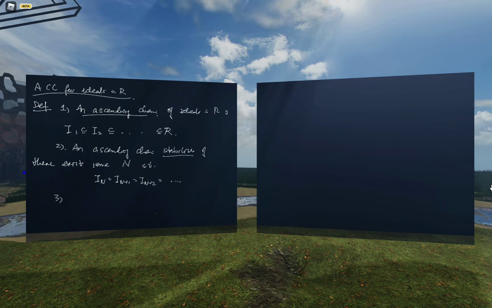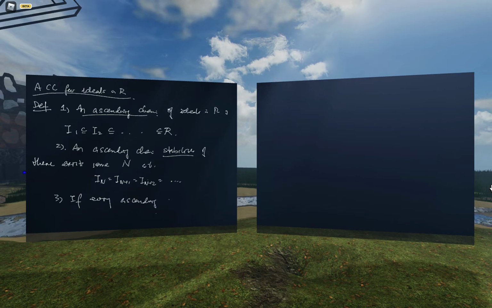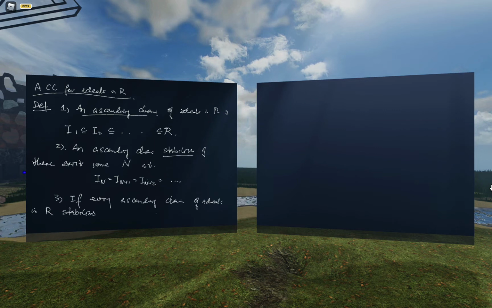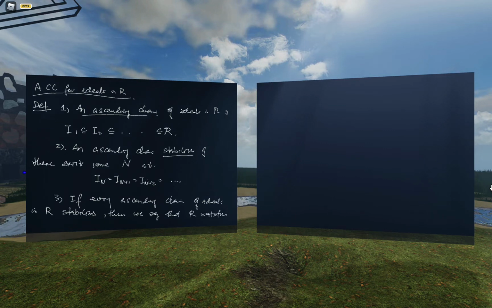And of course, if every ascending chain of ideals in R stabilizes, then we say that R satisfies ACC. So if every ascending chain of ideals in R stabilizes, then we say that R satisfies ACC, or the ascending chain condition.